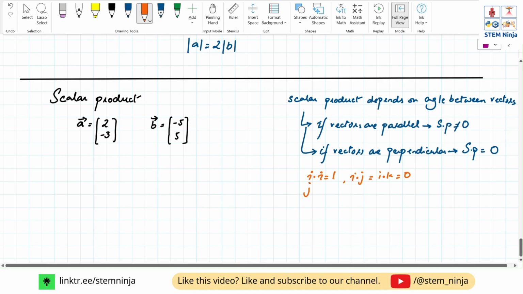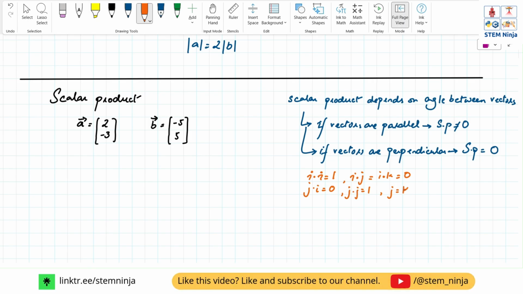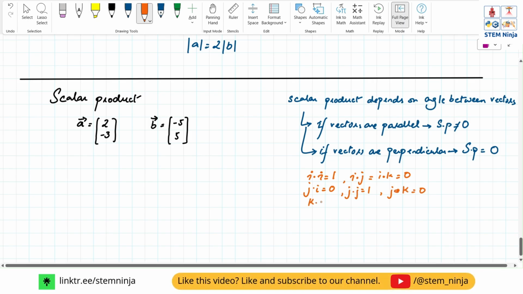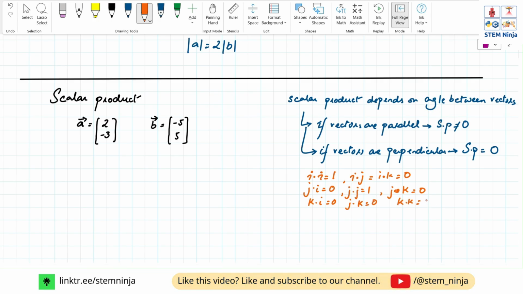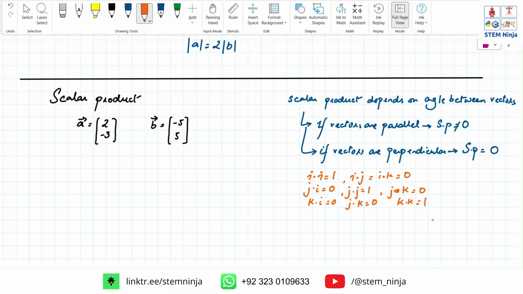Same case with j dot i is 0, but j dot j is 1, and j dot k is 0. Same case with k dot i, 0, k dot j, 0, and k dot k, on the other hand, is 1.